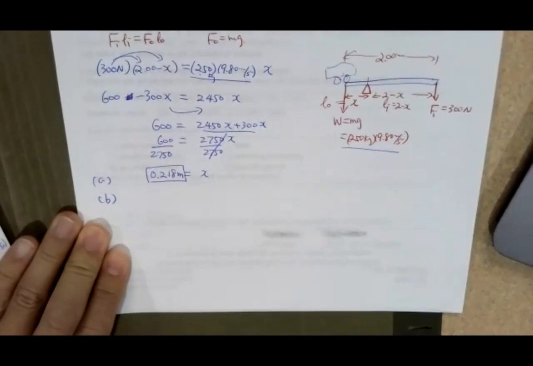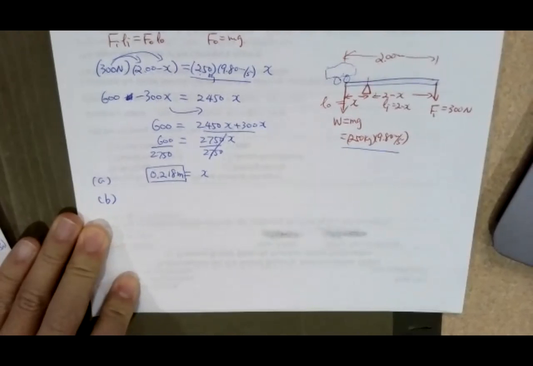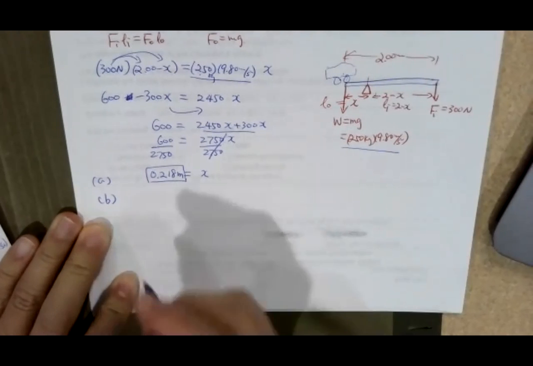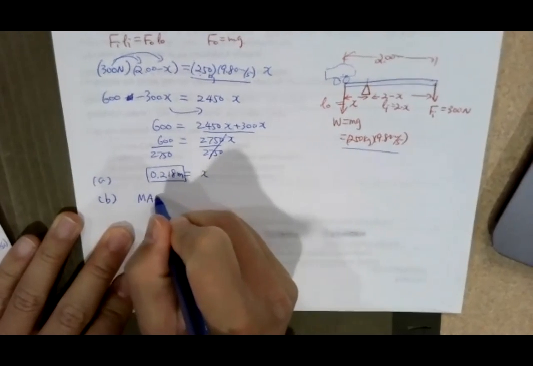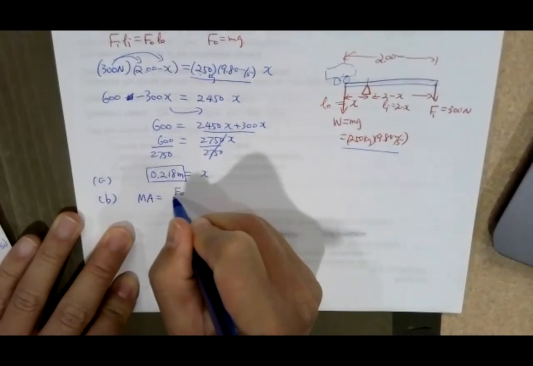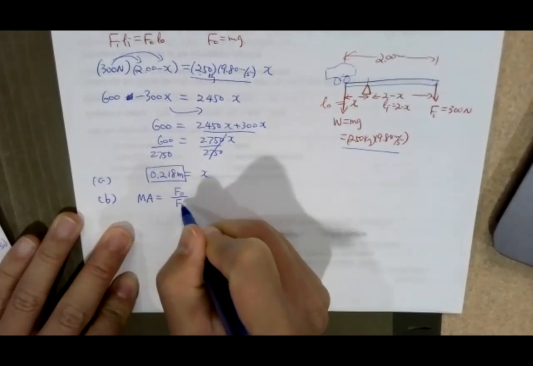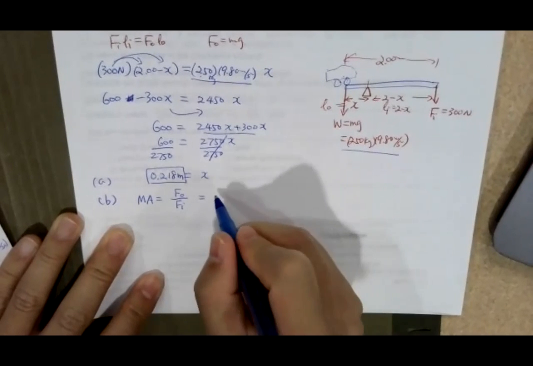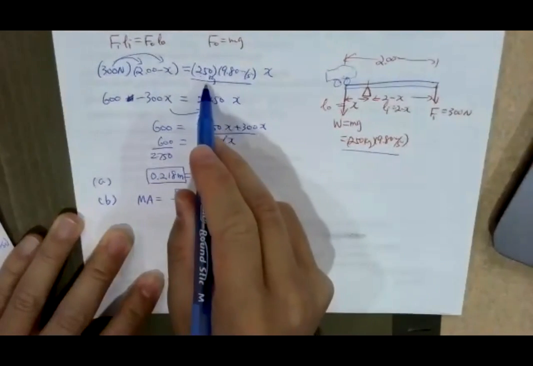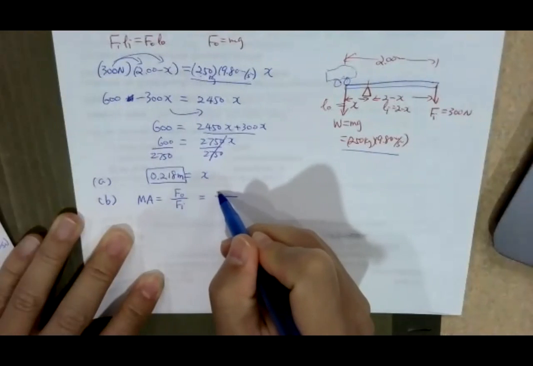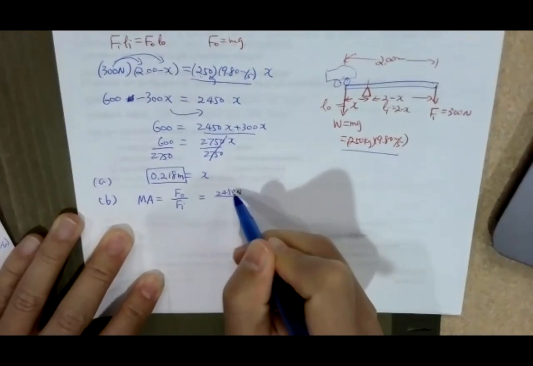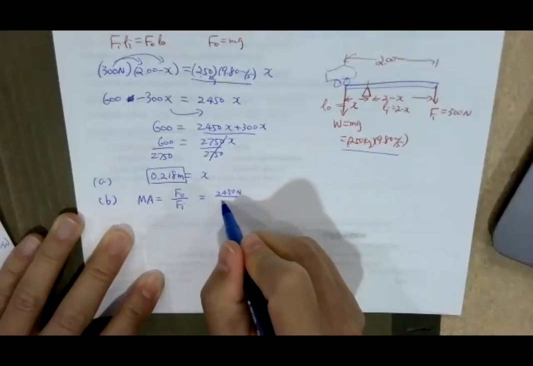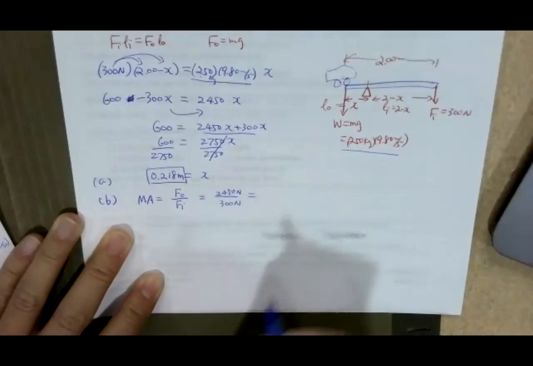The second part is asking us what's the mechanical advantage of the lever. Mechanical advantage of the lever is defined as Fo over Fi. So Fo is this multiplied by that: 2450 newtons, the weight, divided by your 300 newtons of force.